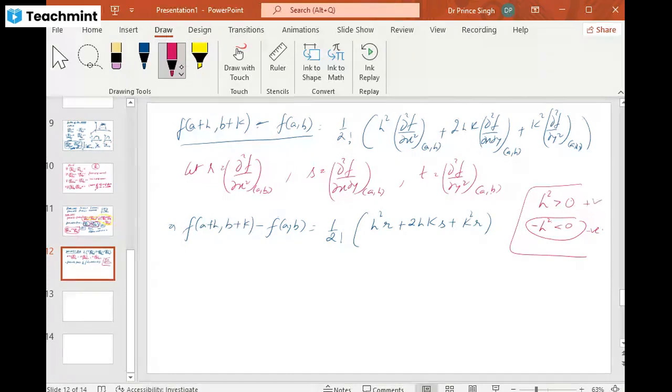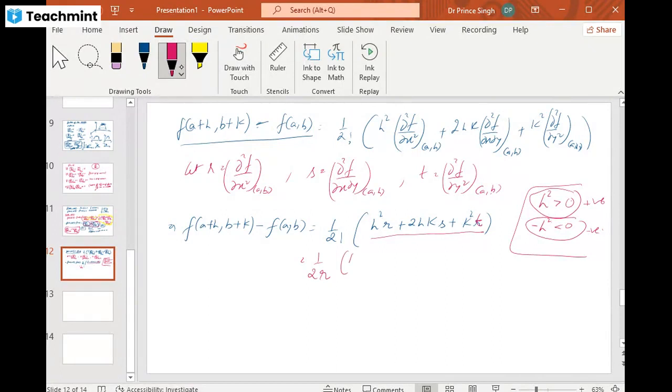This is always positive, right? So what I try to do is convert it into perfect square form. I have two options. Either I can multiply the entire expression with r, or with t, because k squared t squared is positive or h squared r squared is positive, right?